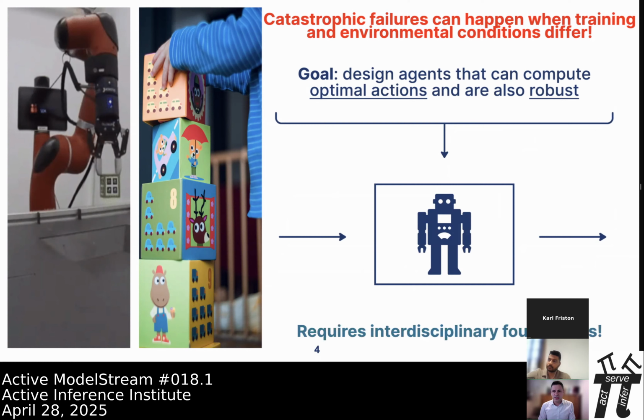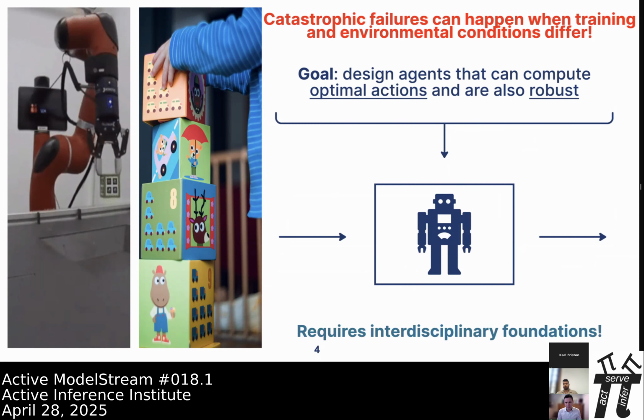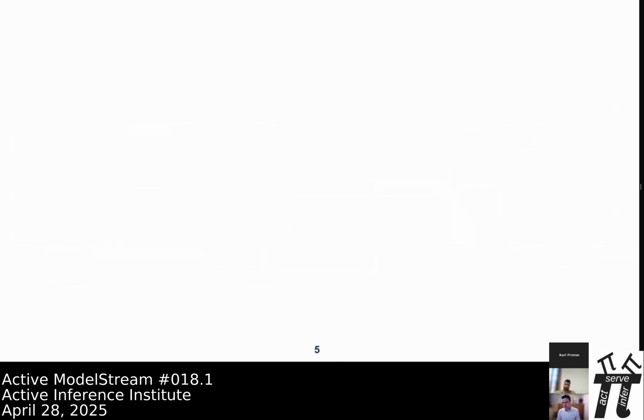And in fact, this is a challenge that requires interdisciplinary foundations. And the approach that we present is in fact interdisciplinary. It mixes a few key ingredients: of course, free energy minimization, which will serve us as a framework to cast policy computation as an optimal control problem. By optimal control, I mean the discipline of finding optimal actions that minimize a given cost function that formalizes the agent task.